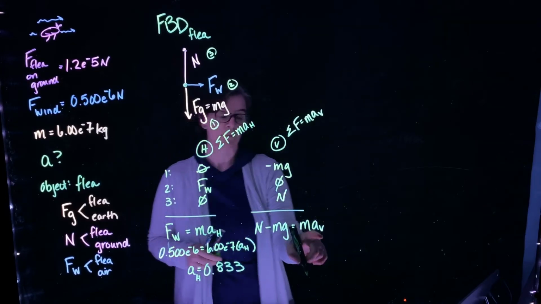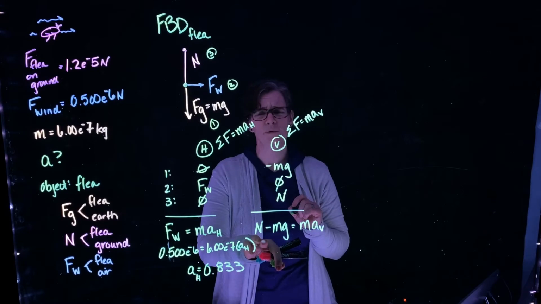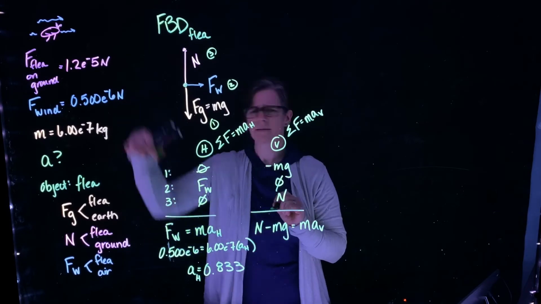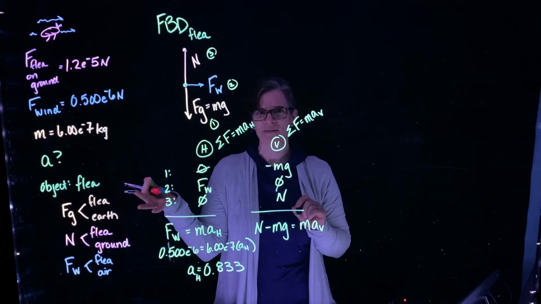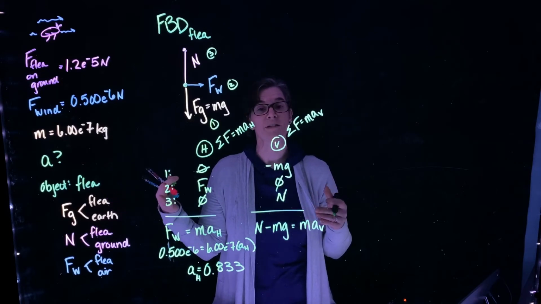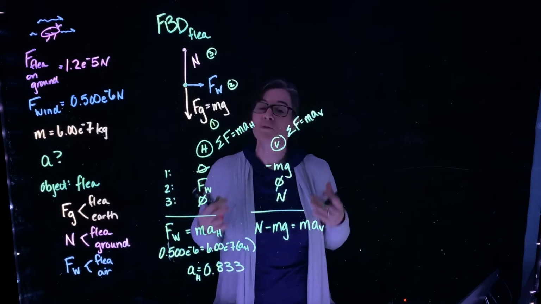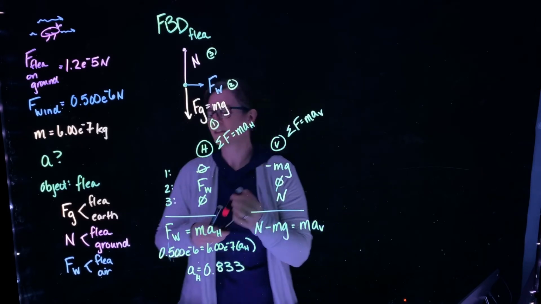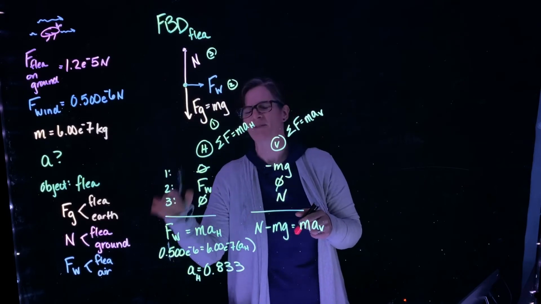What about vertically? I want the vertical component of the acceleration. So I need the normal force, but that's not in my list. The normal force isn't listed. But what do we want to remember? Well, the normal force is the force of the ground acting on the flea. Newton's third law tells us that the force the flea acts on the ground is the same as the force the ground acts on the flea.